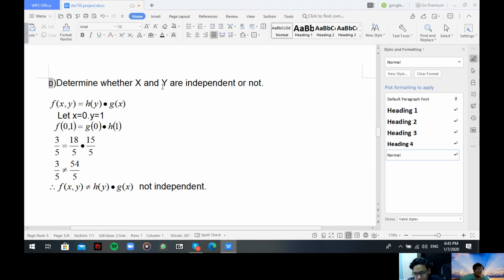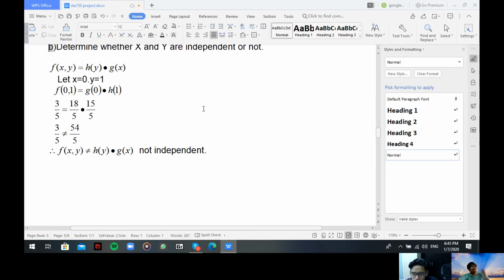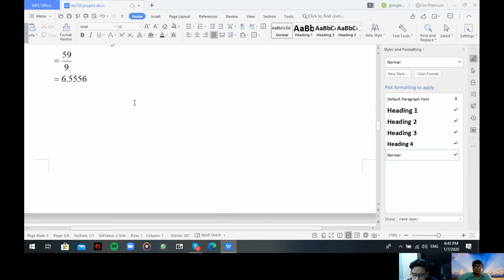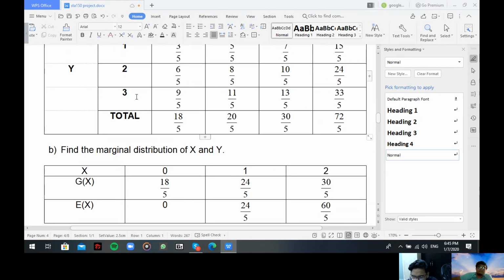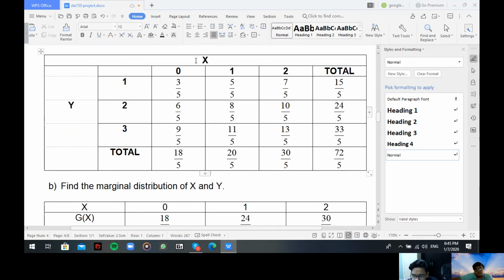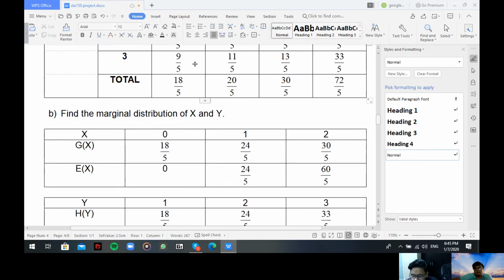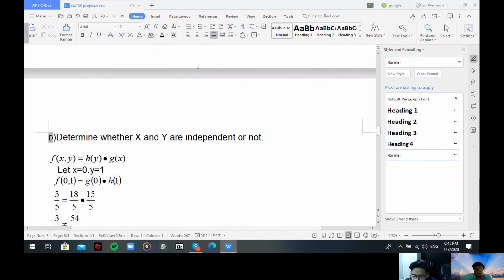Determine whether X and Y are independent or not. This is a bit fun, because you need to refer to this. If it is independent, f(x,y) must be equal to h(y) multiplied by g(x).